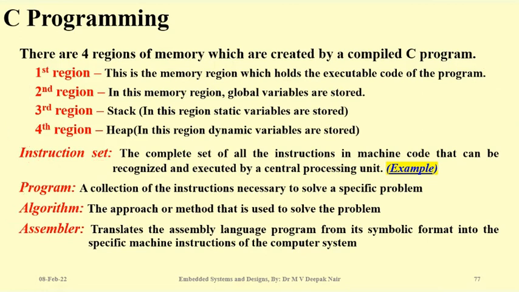So it is not necessary that if you write one program in Keil and one program in IAR, both will have the same assembly code. No, it is not necessary. It may change, but the program's output will be almost the same.